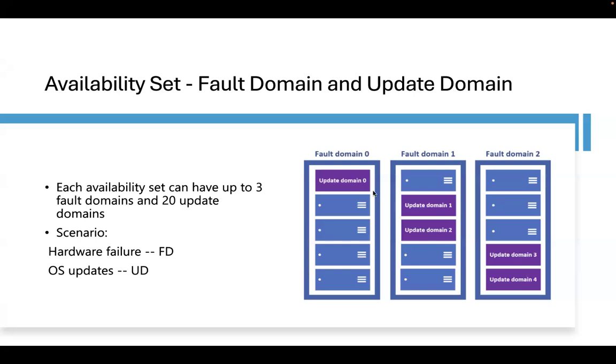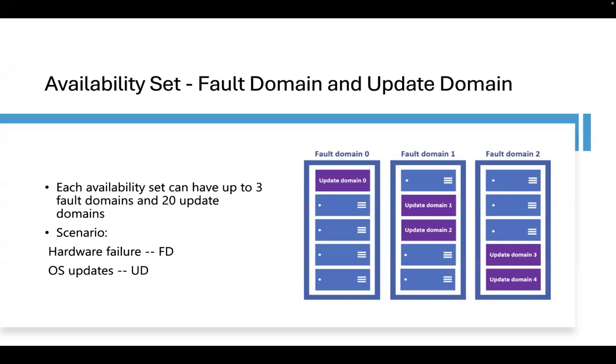Like its other instances can be accessed, so there won't be any problem. So here there are two things: one is a hardware failure and the other is updates. Generally these are scheduled, which go row by row. In that scenario it goes down. Got it.